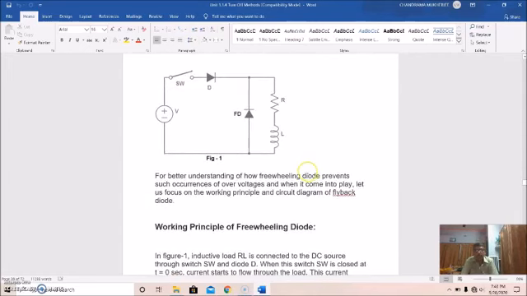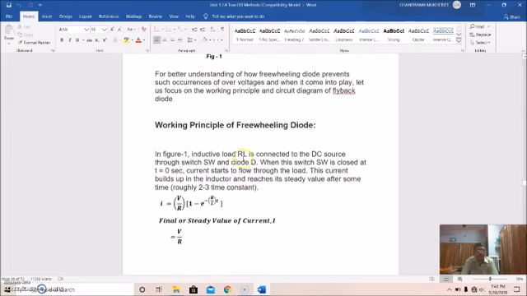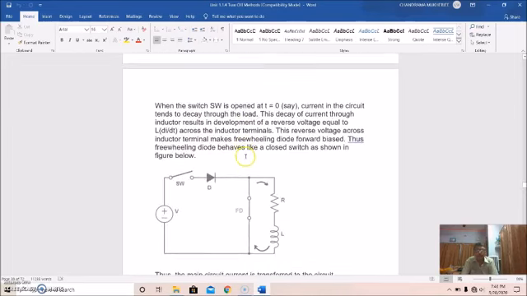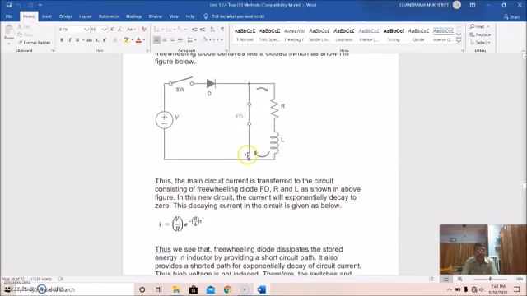This is how the stored energy of this inductor is freewheeled or flown back, to protect this diode or the switch against high voltage. So this is all about the freewheeling diode and its function.